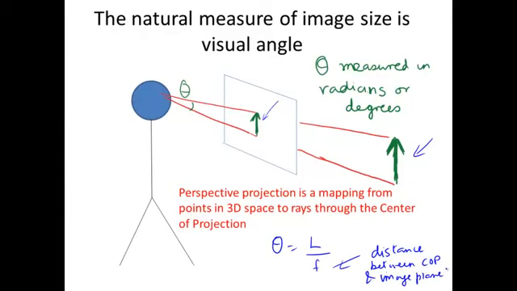So, measuring the size of an object on the image plane in degrees is a very natural thing. We do this all the time when we talk about fields of view of cameras or the field of view of the human visual system. We always describe that in terms of degrees. We don't measure it in terms of megapixels or number of cones and so on. Degrees subtended at the center of projection is the natural unit.